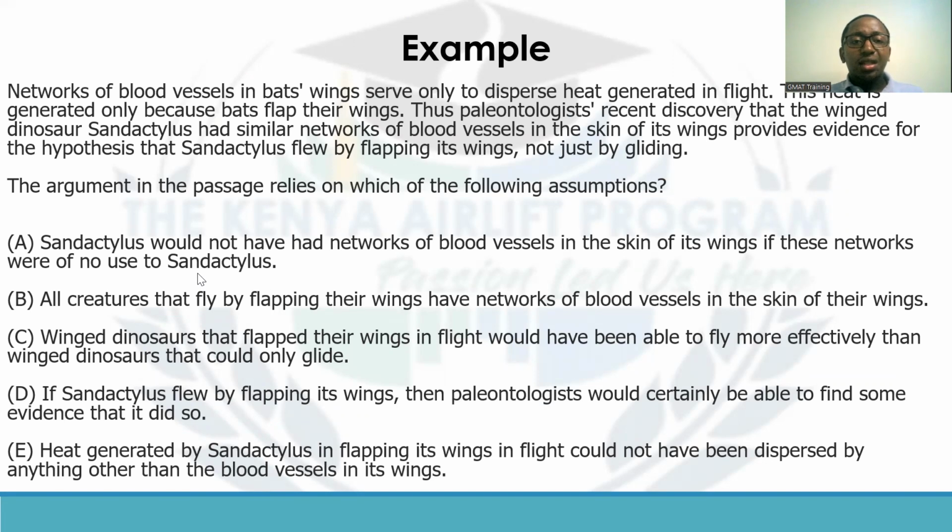So remember, we said that assumptions are needed for the conclusion to work. So you see, the argument relies, so it means which of the following assumptions? So we have our answer choices. But first, let's look for a conclusion. So what's our conclusion? Thus, the recent discovery that the winged dinosaur had similar networks of blood vessels.